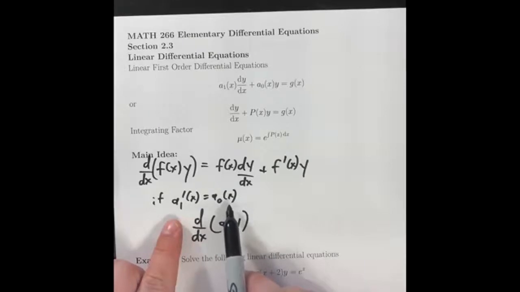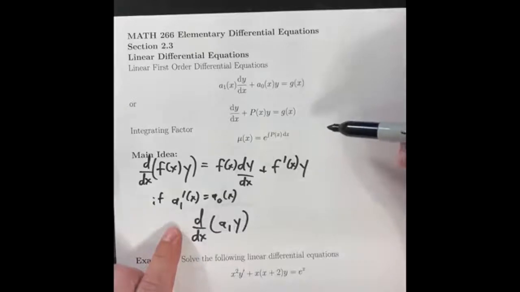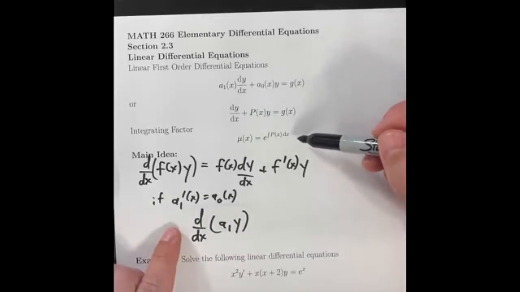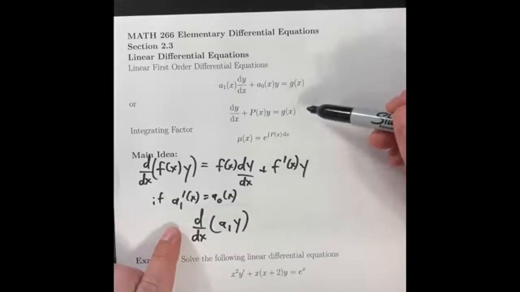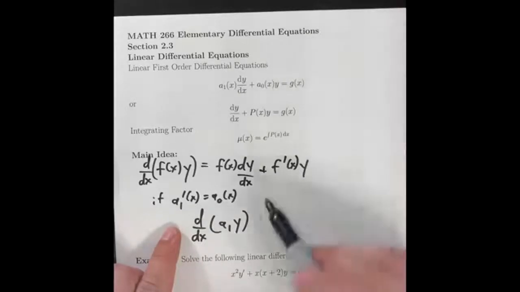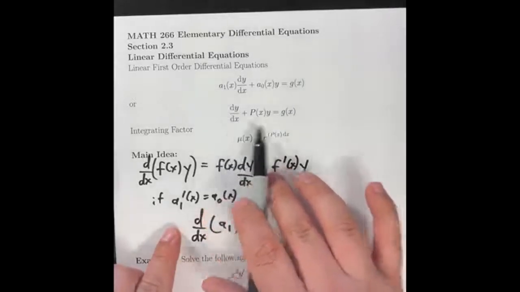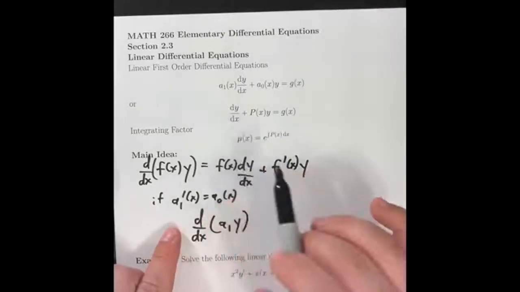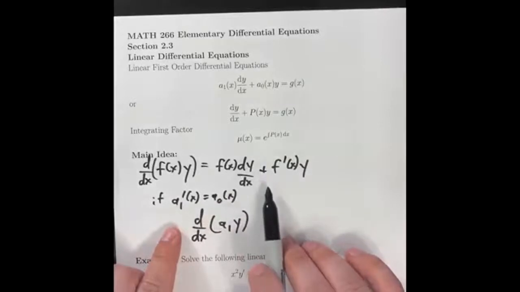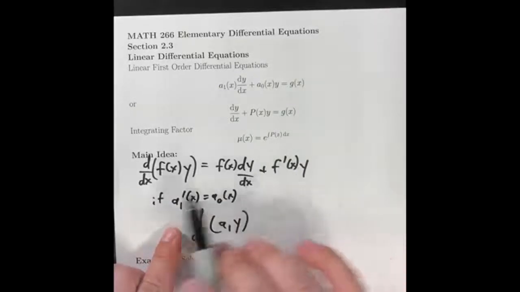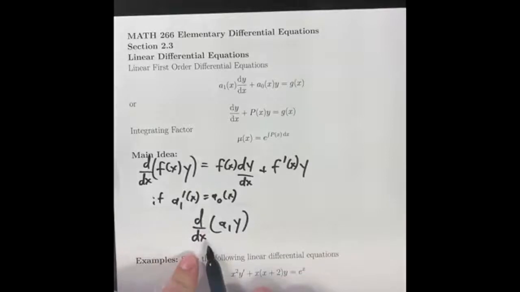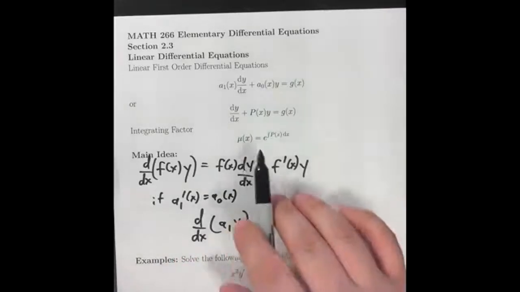What we find is that if we multiply the second equation by something called the integrating factor, shown here, mu, we can turn it into something that looks like this product rule right here. Then we can go backwards, pull the derivative out, and then integrate to cancel it out.